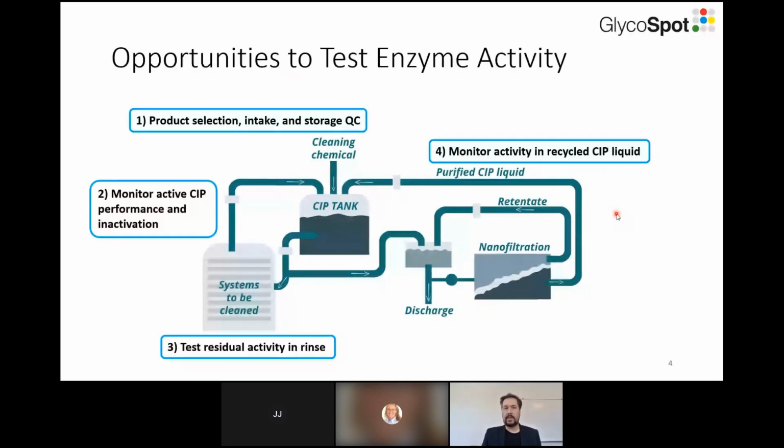However, because enzymes are biological, they do degrade over time, and so it may be necessary to add more protease or lipase or whatever enzyme you're using to introduce it back into the tank and increase the concentration of the enzymes. And then there may be other cases where it will be interesting to measure as well. So if you are using enzymes in your cleaning process and you have a particular use case, we of course would be happy to hear about how we could help you.